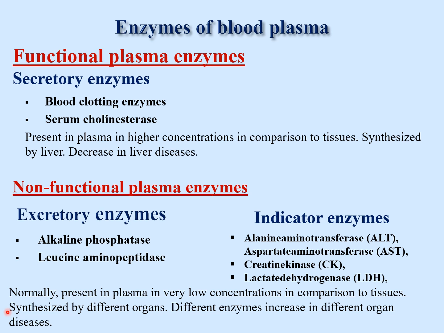Indicator enzymes can be divided into two subgroups: organ-specific and non-organ-specific. Organ-specific enzymes are present only in specific organs, and in other organs these enzymes are absent. For example, transamidinase is an enzyme that we can name as organ-specific for kidneys.